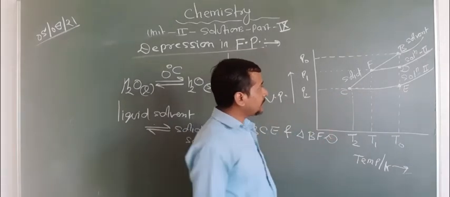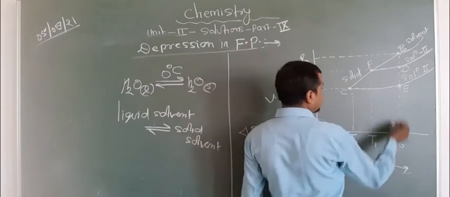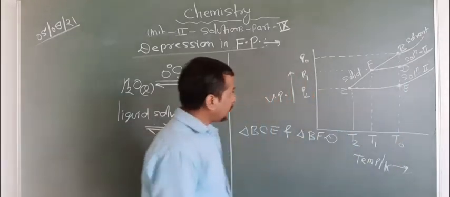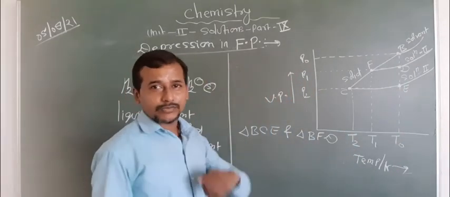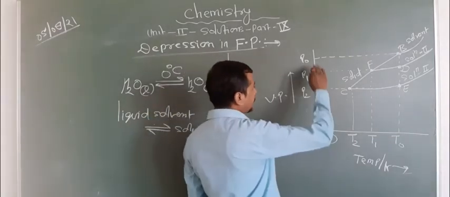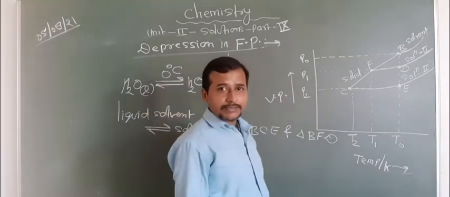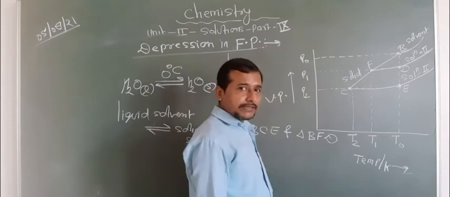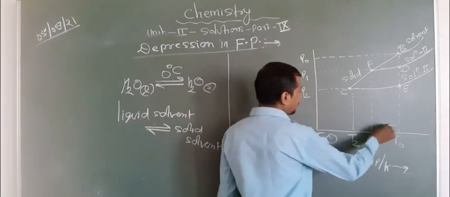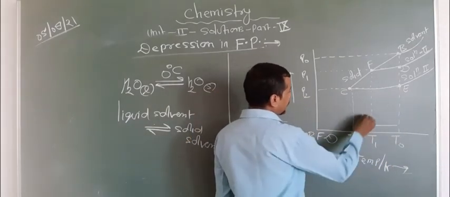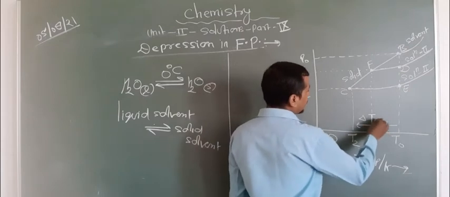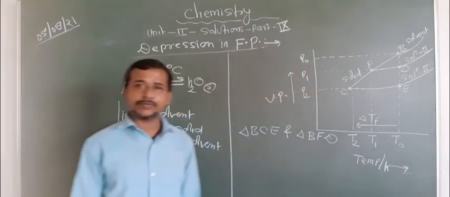So now look at the condition. This is T0, and after adding the non-volatile solute, the pressure decreases. Similarly, the temperature also decreases. Here we move from T0 to this, and that difference is known as delta Tf, the depression in freezing point.